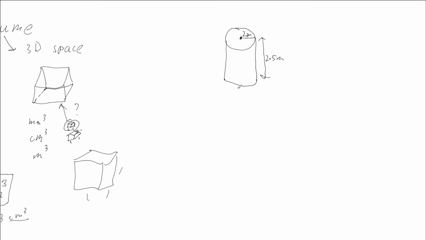And I wanted to know how many liters does this container hold? Well, I would first work out the volume. So step one of doing this is you've got to work out the volume first.